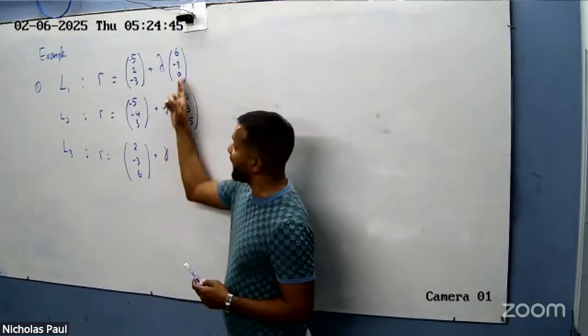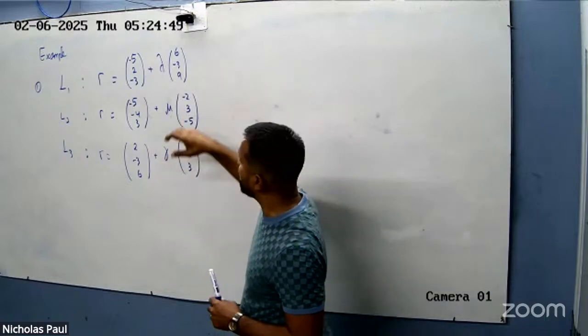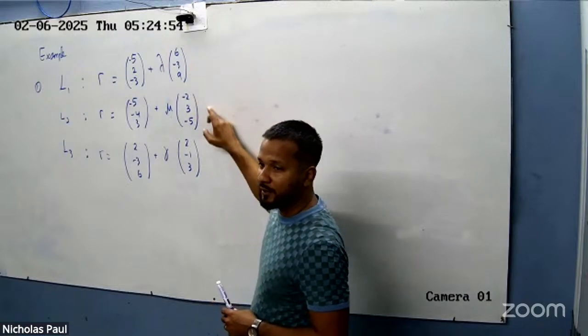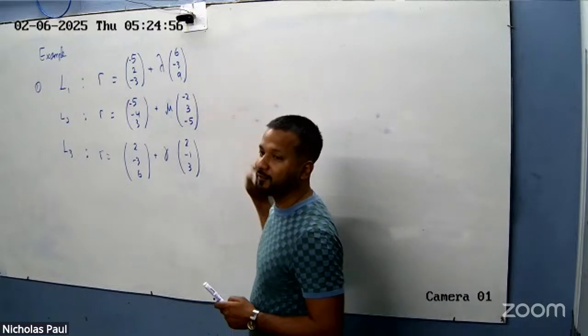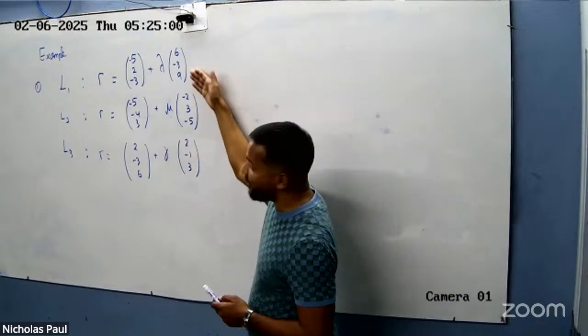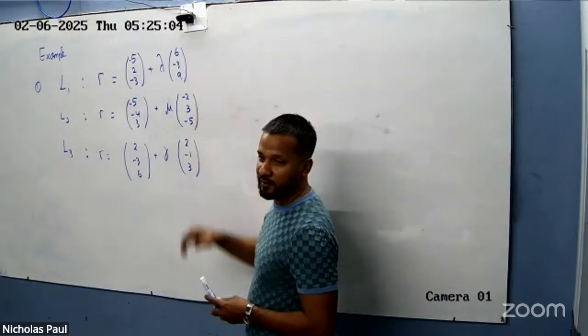Remember, you're looking at direction vectors. For 1 and 2, what do you multiply 2 by to get 1? You're looking at the direction vectors here. These are your direction vectors.